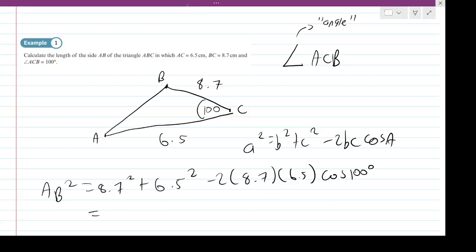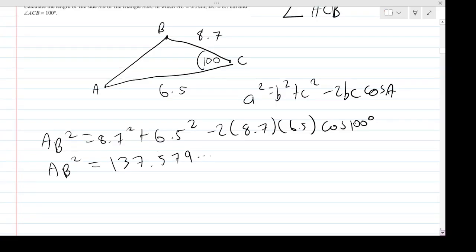So we get AB squared is 8.7 squared plus 6.5 squared minus 2 lots of 8.7 times 6.5 times cosine of 100, which gets me 137.579 and so on. To get AB, I simply need to square root it.